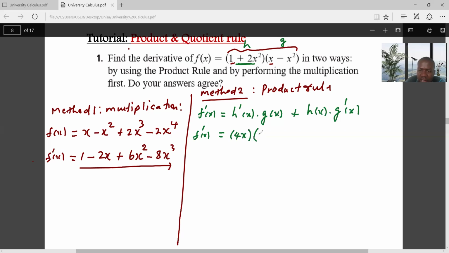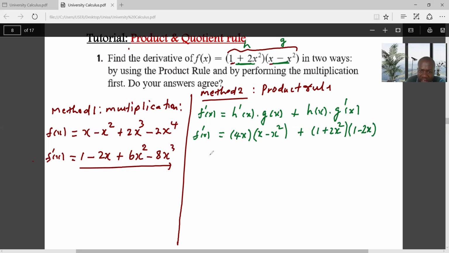What is the g? X minus x squared. What is the h? 1 plus 2x squared. Derivative of g is just 1 minus 2x.